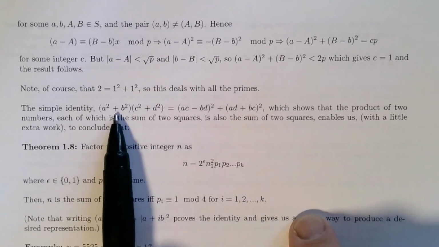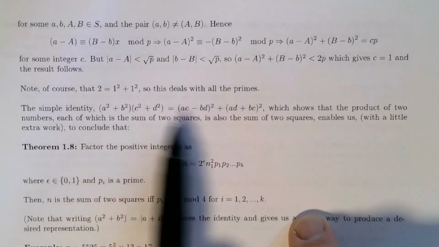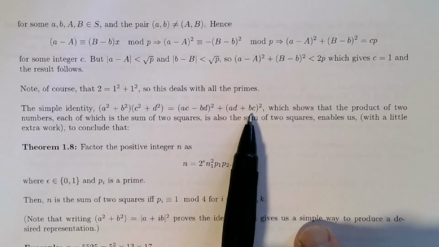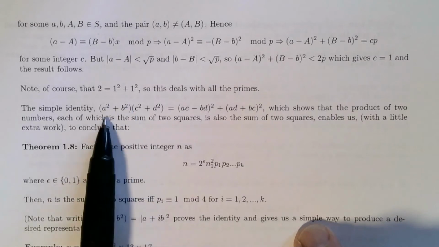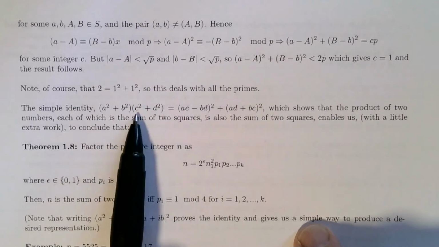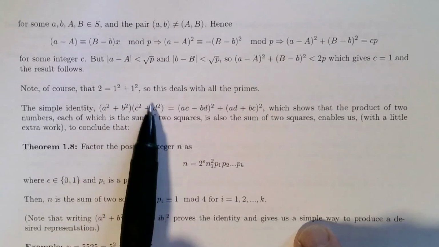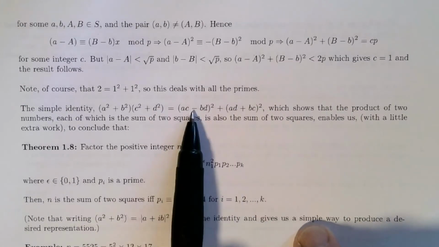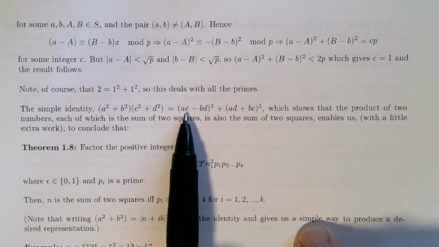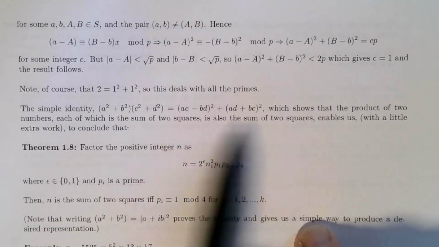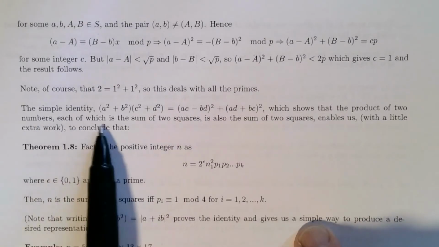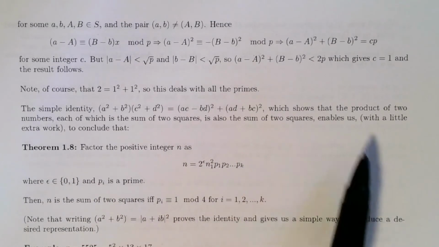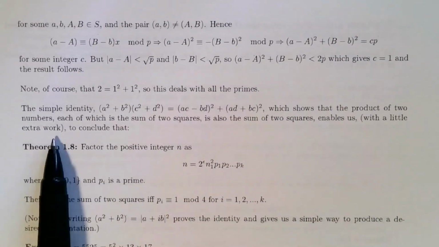Anyway, apart from that, you can just check by expanding everything out that this is a true identity. Now what does this tell me? It says, if I've got a number which is the sum of 2 squares and another number which is the sum of 2 squares, then I can multiply those two numbers together, and the product is also the sum of 2 squares, and that tells me explicitly how to do it. So this shows the product of two numbers, each of which is the sum of 2 squares, is also the sum of 2 squares.